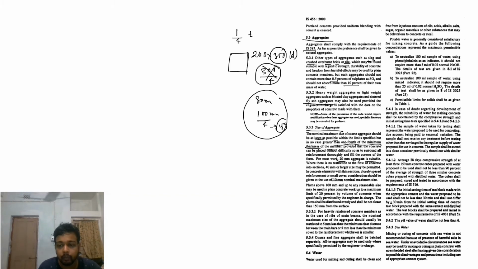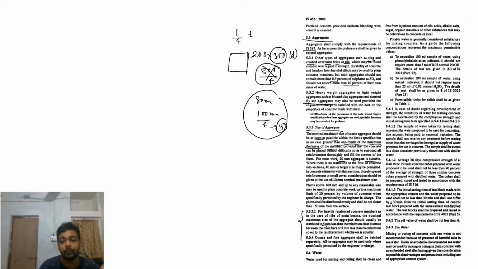For heavily reinforced concrete members, as in the case of ribs of main beams, the nominal maximum size of aggregate should usually be restricted to 5 mm less than the minimum clear distance between the main bars or 5 mm less than the minimum cover to the reinforcement, whichever is smaller. So that is 5.3.3.1, for the ribs of main beams. For ribs of main beams there is no chance to use 20 mm.